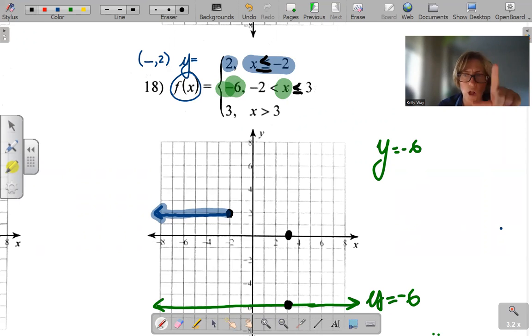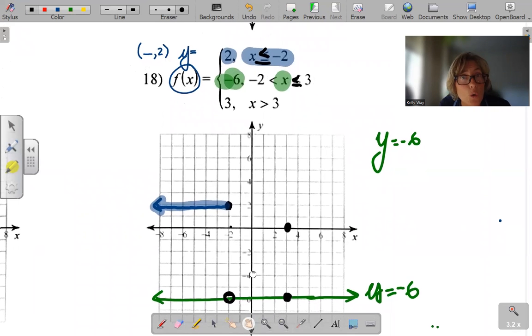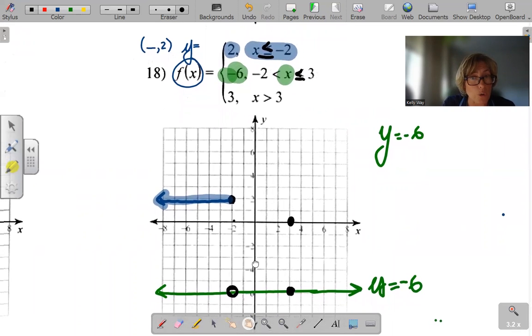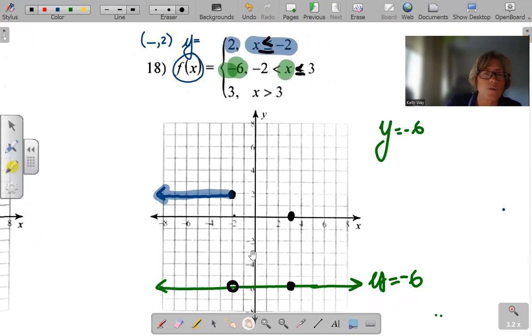That equal to means solid line. But it has to be greater than -2. So at -2, you come down. Greater than means it's an open circle because it doesn't include -2. It's greater than, not greater than and equal to.